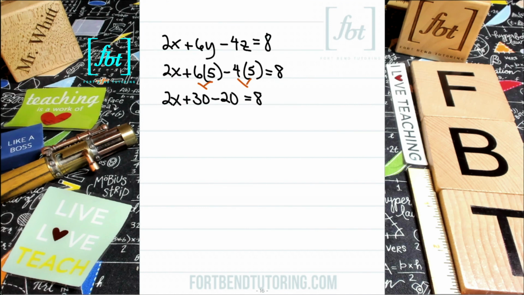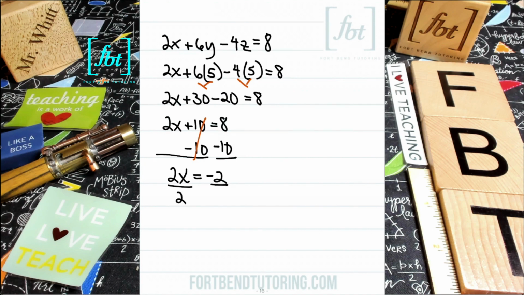Simplifying here, we'll have 2x plus 10 equals 8, and now I'll be subtracting 10 from both sides of the equation, right? The 10s will cancel out as they are additive inverses. Bringing down 2x, this equals negative 2. We'll be dividing both sides by 2 now, and then simplifying. My 2's cancel out, and I have x equals negative 1.